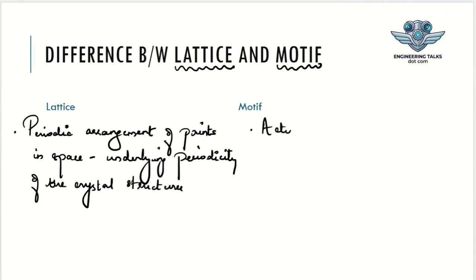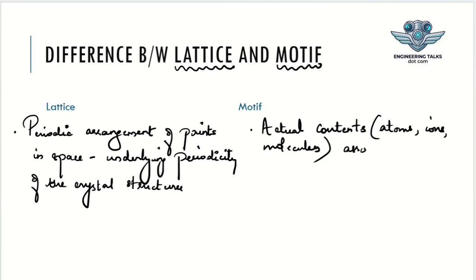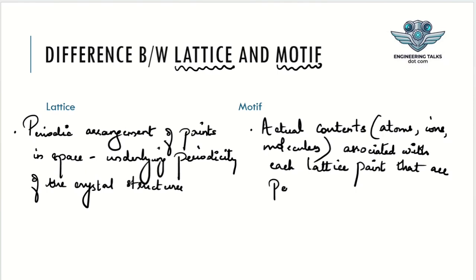Motif, it is the actual contents. It can be atoms, group of atoms, ions or molecules associated with each of the lattice points. So these atoms are periodically repeated. So we can write actual contents that are periodically repeated.